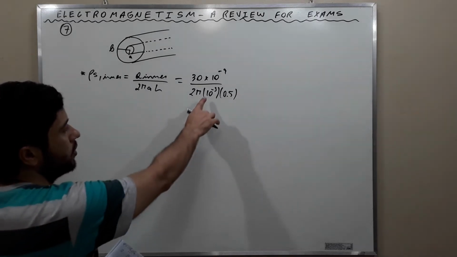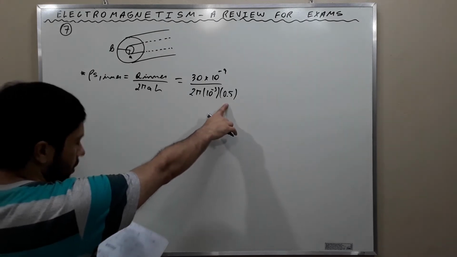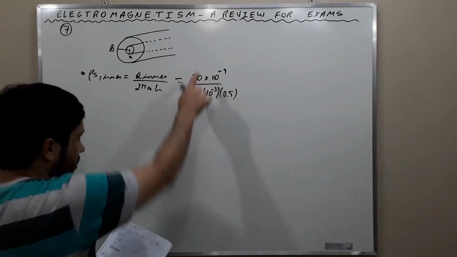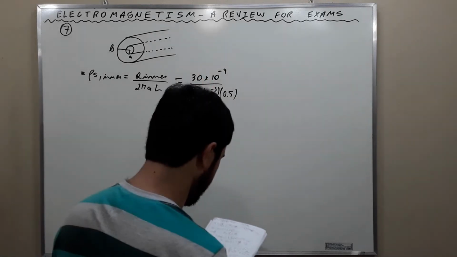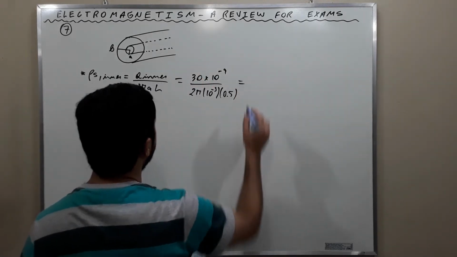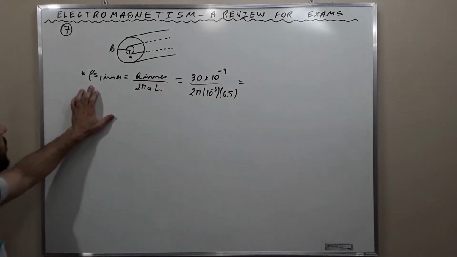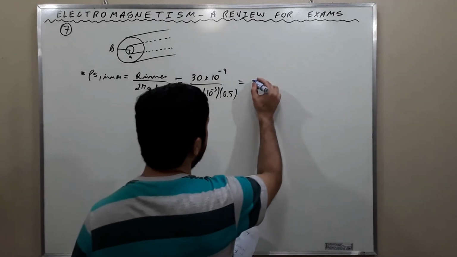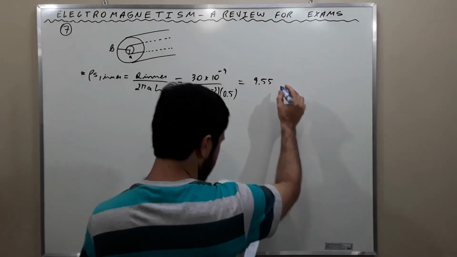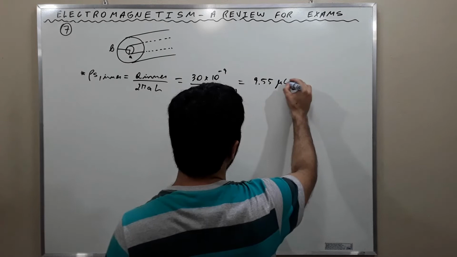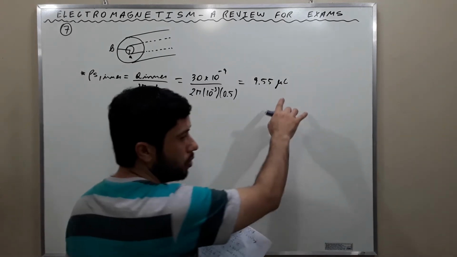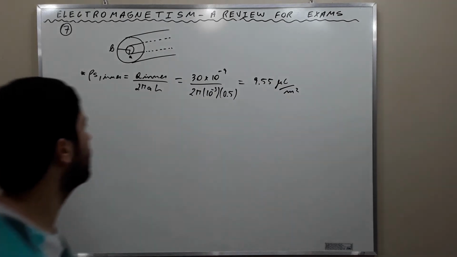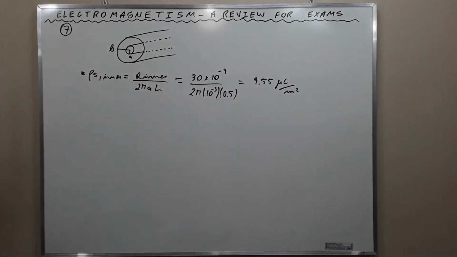We use these values, and we get that the surface density of charge is equal to 9.55 microcoulombs per meter squared. Okay, this is for the inner conductor.